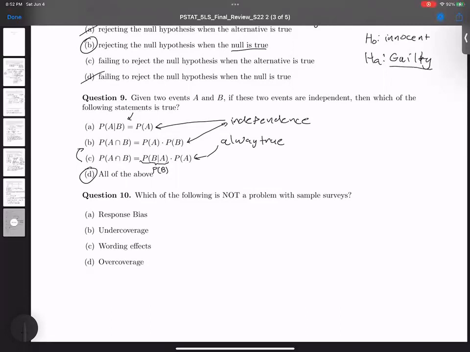All right, that one was pretty quick for people. And yes, you are correct that overcoverage is not an issue with surveys. More data, the better. So there's no such thing as overcoverage. And that is the end of these problems that I've selected. So I'm going to end the recording now.